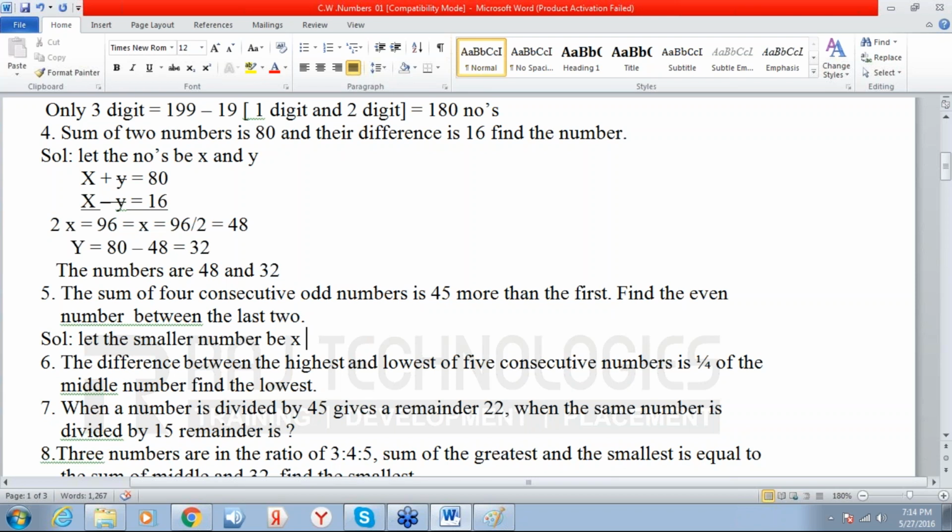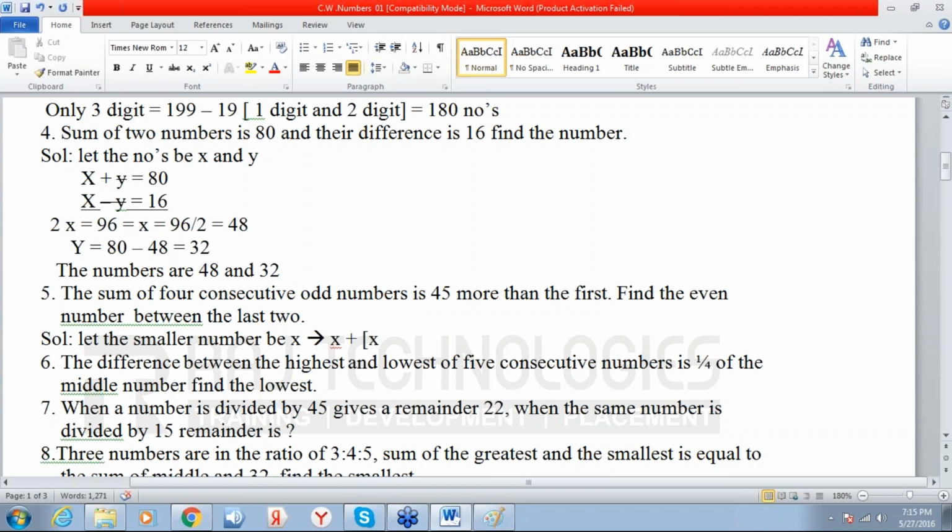Then the other numbers will be... here they are saying odd numbers, 4 consecutive odd numbers. Not 3x, 5x and 7x, because 3x means multiply.